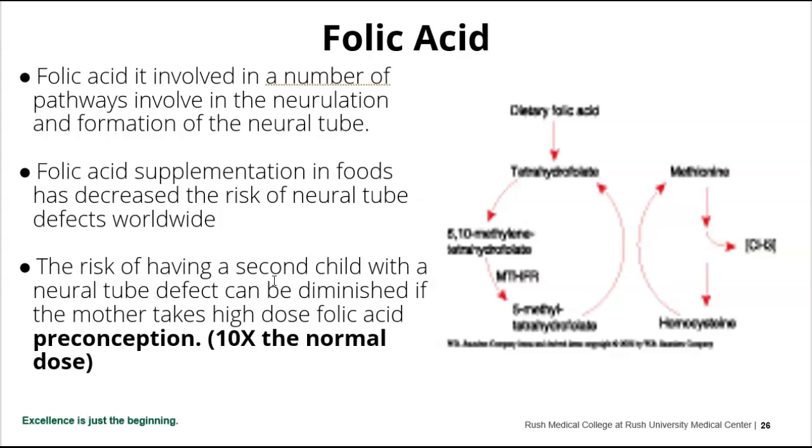So it's important that somebody's on prenatal vitamins very early in the pregnancy. The risk of having a second child with a neural tube defect can be decreased tenfold by putting the mother on high-dose folic acid for 3 months prior to the time that she becomes pregnant.